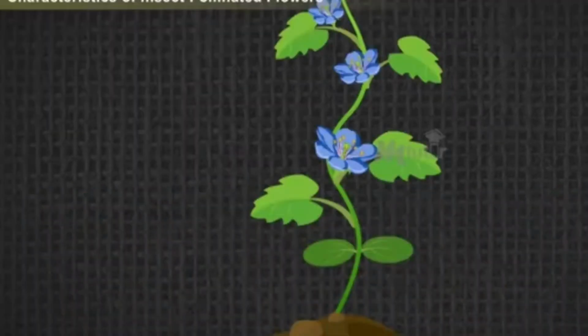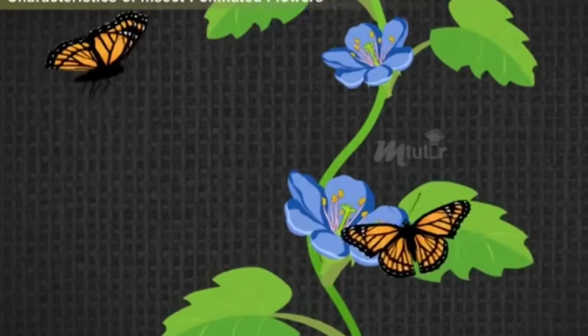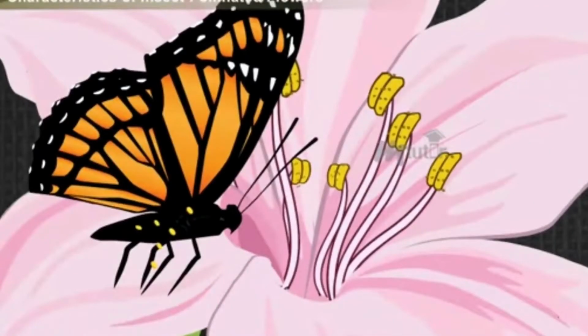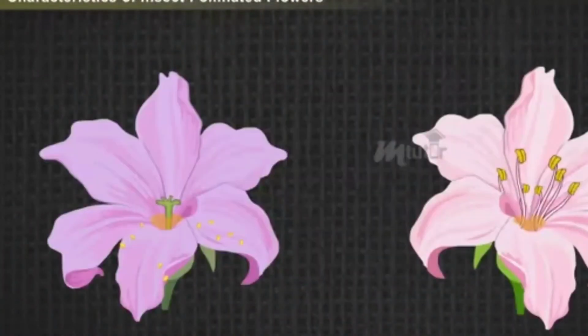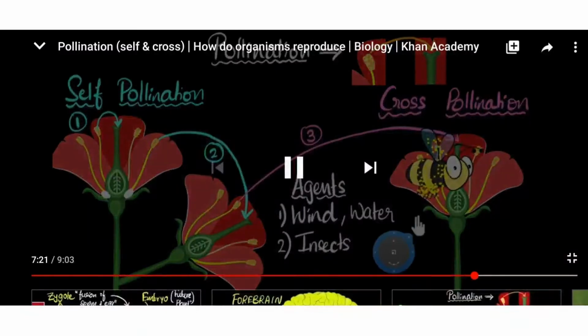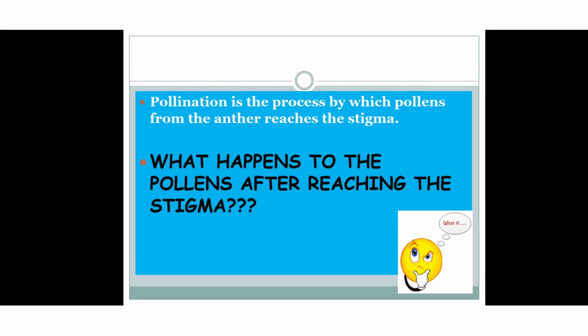Also, there are some other animals or insects, butterflies, bees, everything will come to feed on the nectar, and thus the pollination will take place. Understood the agents of pollination? So, the definition of pollination is the process by which the pollens from the anther reach the stigma. Understood?